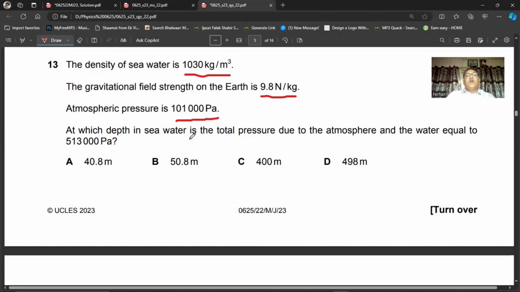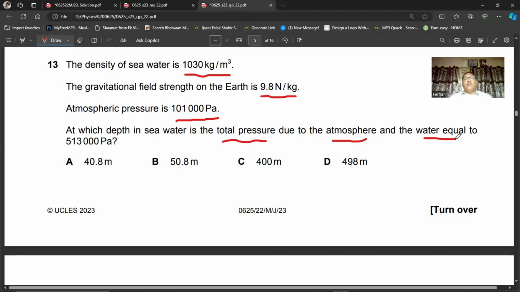At which depth in the seawater is the total pressure due to the atmosphere and the water equal to 513,000 Pascal? You know, the total pressure under the water will be the pressure due to the atmosphere plus the pressure due to the water.